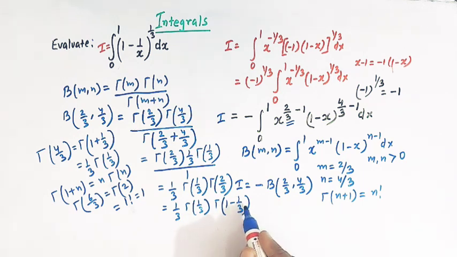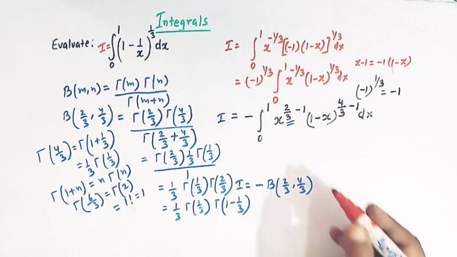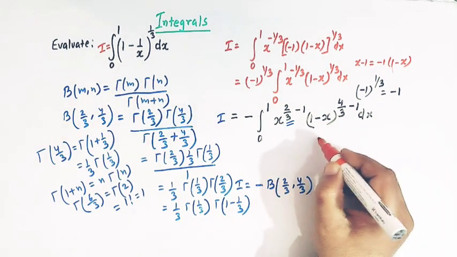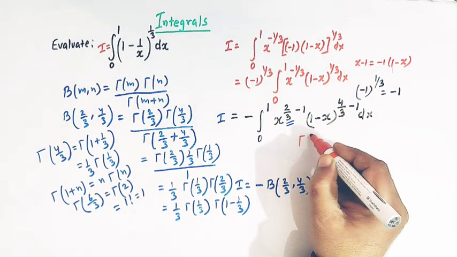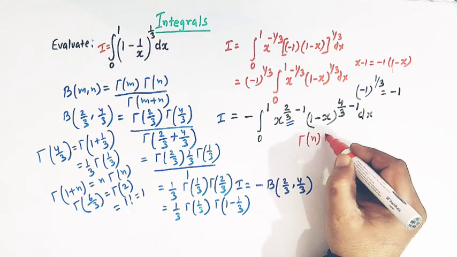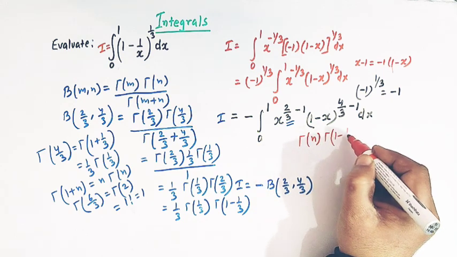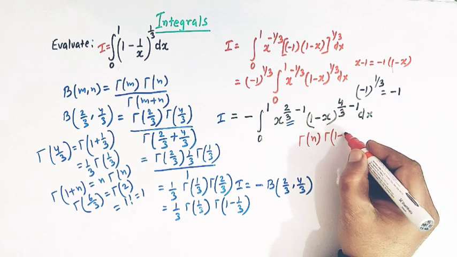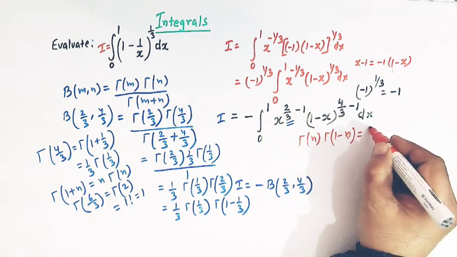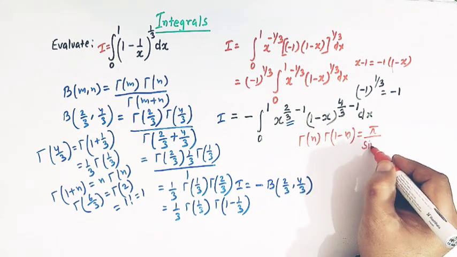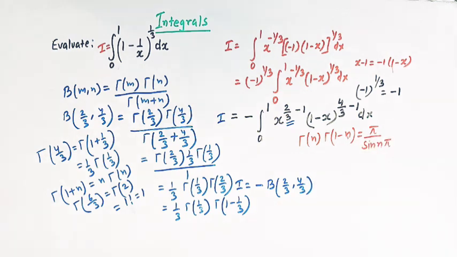So now here again we'll use one important relation from the gamma function. So now using Euler's reflection formula, which says that gamma of n times gamma of 1 minus n is equal to pi divided by sine n pi, right?